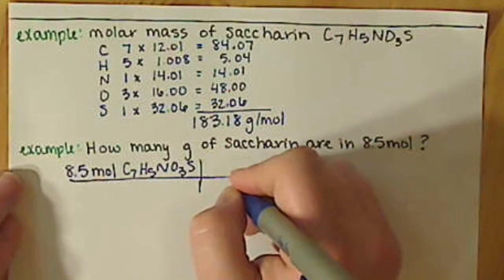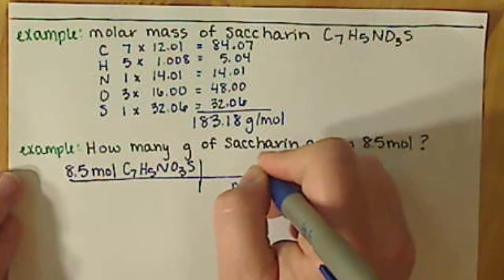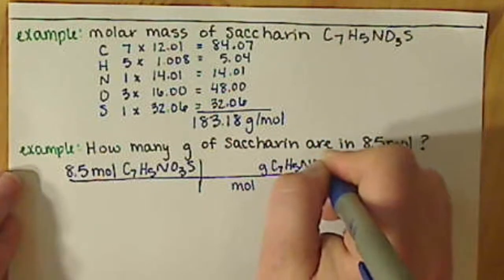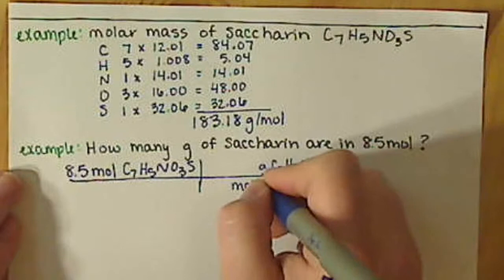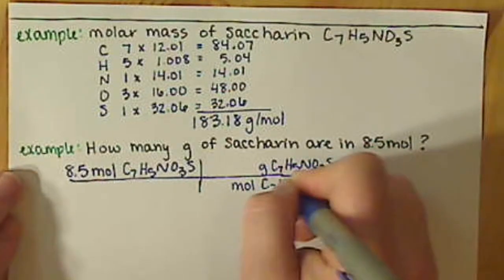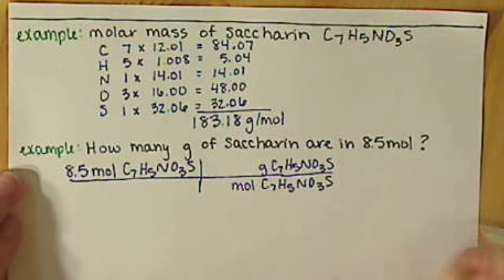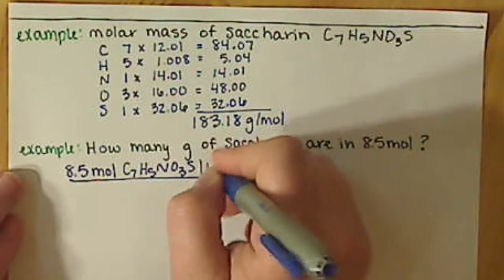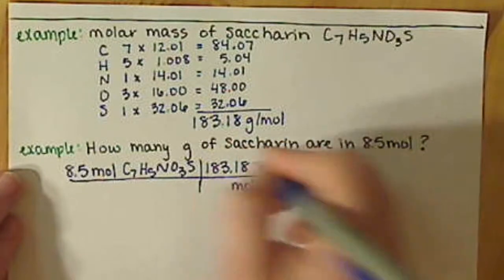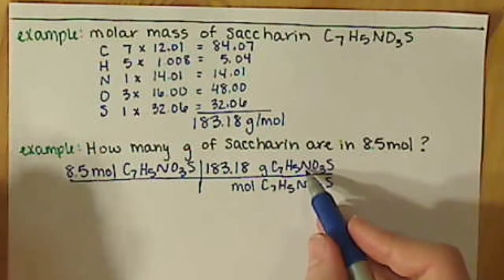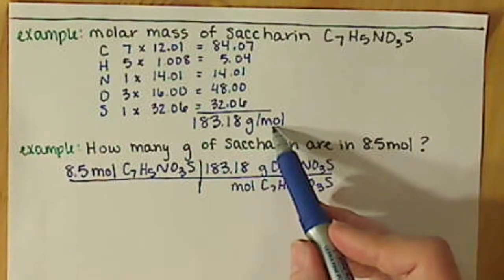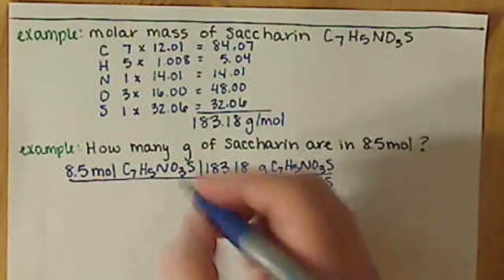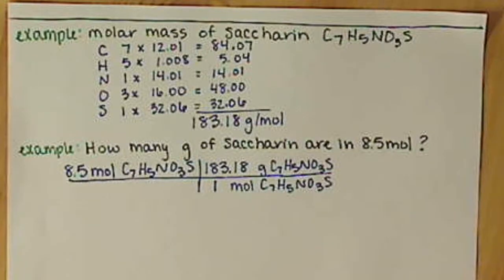We want to go from moles to grams, C7H5NO3S. And we're going to use our molar mass from up here. So we have 183.18 grams of our saccharin per mole. Okay, remember whenever we have that unit down below, that means we have 1 of that unit.